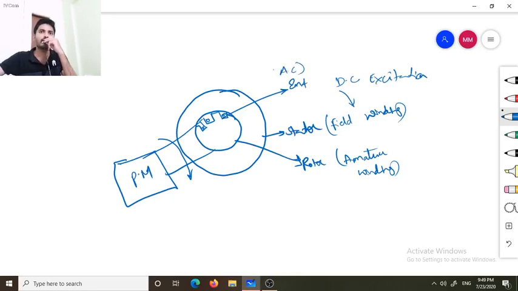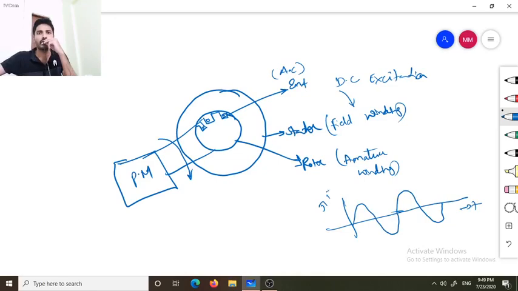That EMF value is an alternating value. We have already discussed it. So in the armature we have a sinusoidal value of EMF, an AC value of EMF produced in the armature. This AC value is converted into a unidirectional value with the help of the commutator.